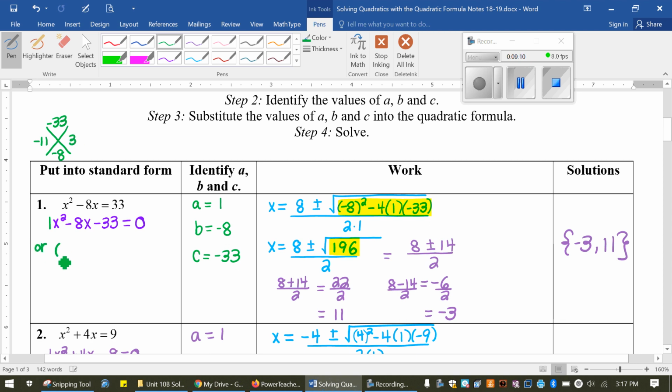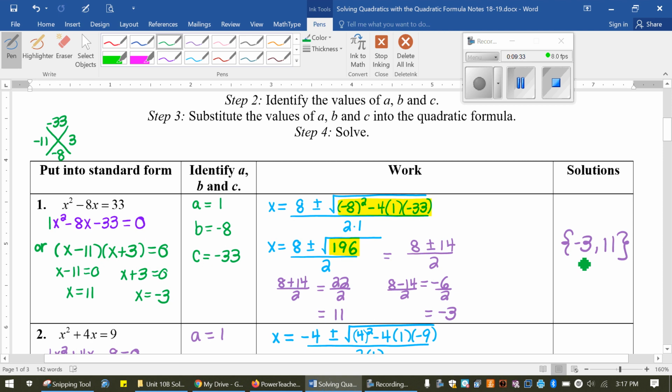So what you could have done here without using a formula is solve this by factoring, and then you would have had x minus 11 is 0, and x plus 3 is 0. And you would have gotten the same 2 answers.